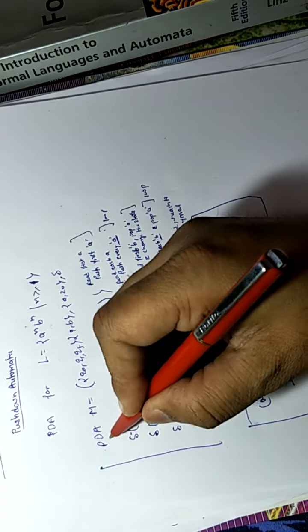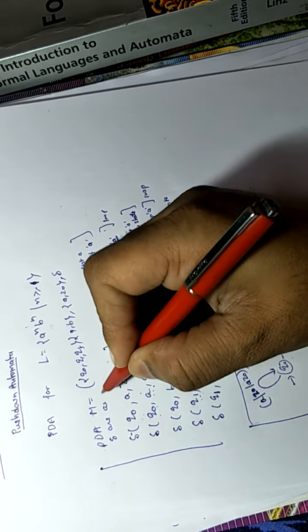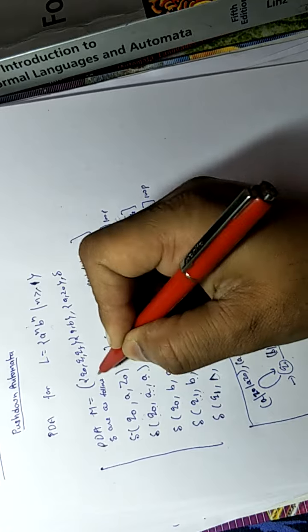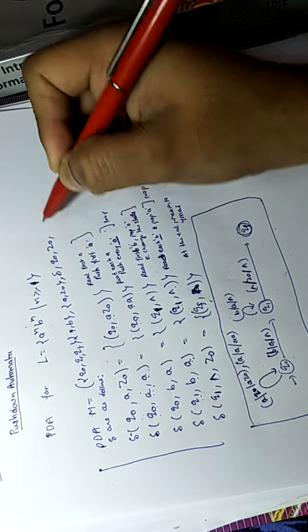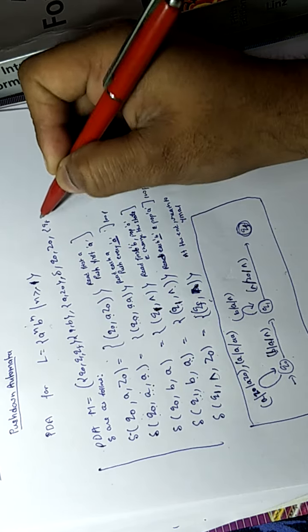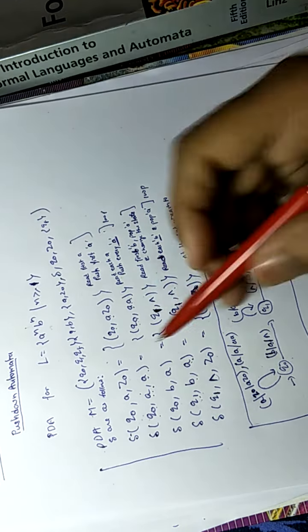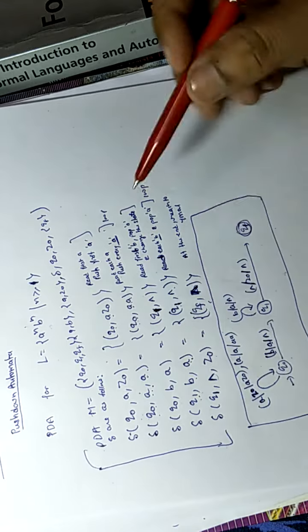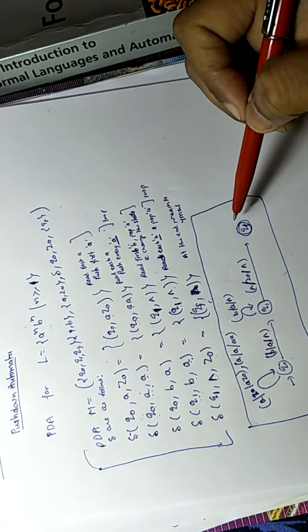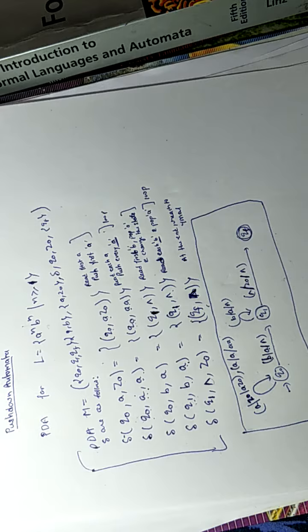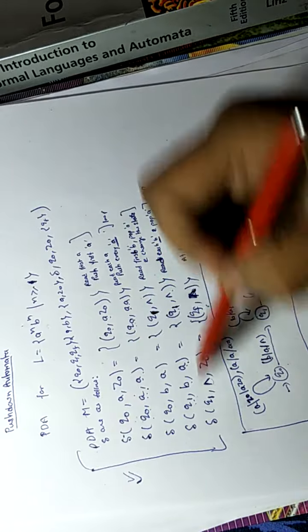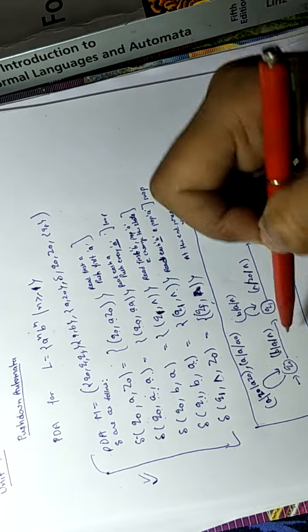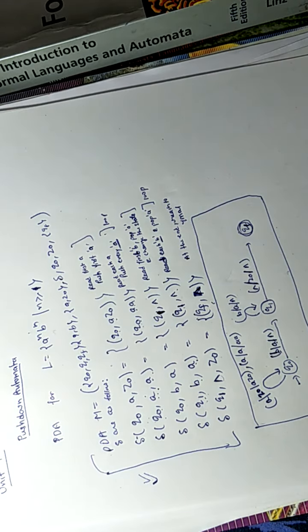The transitions are as follows, and q0 is the start state, z0 is the stack initial symbol, and qf is the final state. So this is the PDA, and you can also design this diagram, and in most books you will follow this procedure only, so it is better to write transitions like this. The diagram is an optional part, you can draw it in the examination paper for better marks.